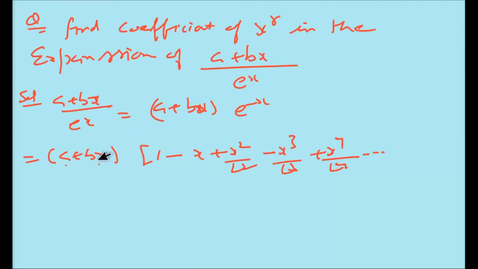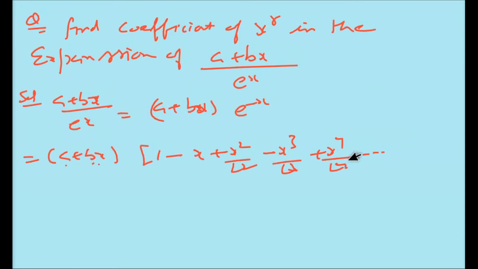So to understand this value, a and b: when we multiply a, it is the coefficient of x to the power r, and b is multiplied with the coefficient of x to the power r minus 1.